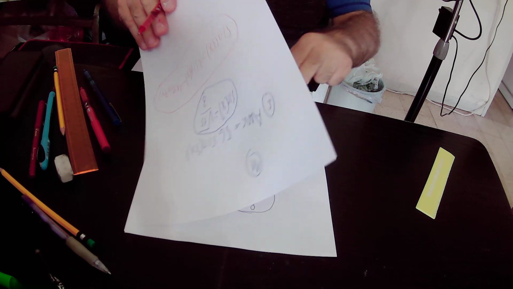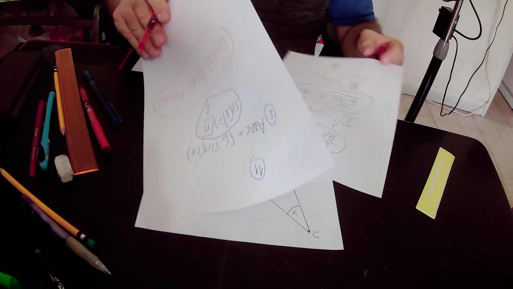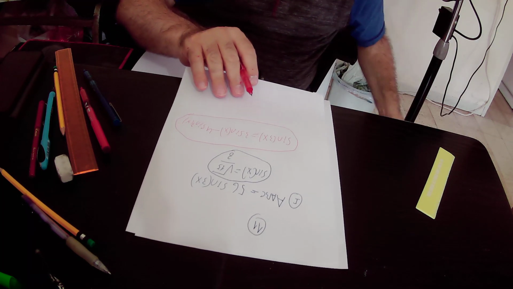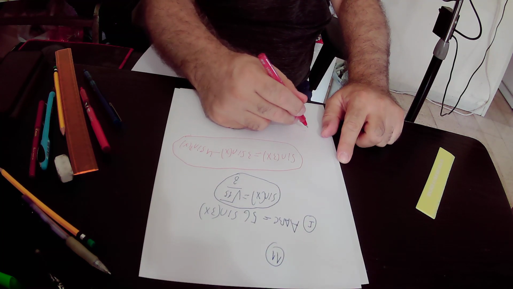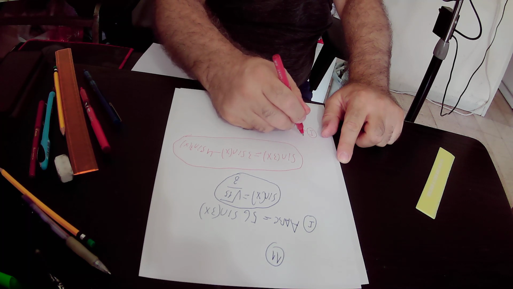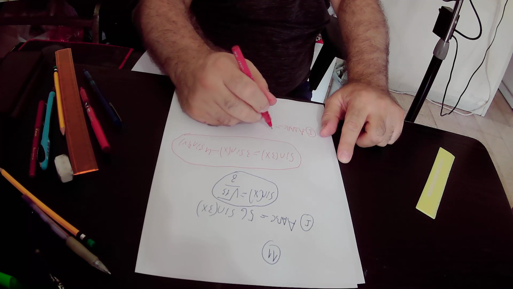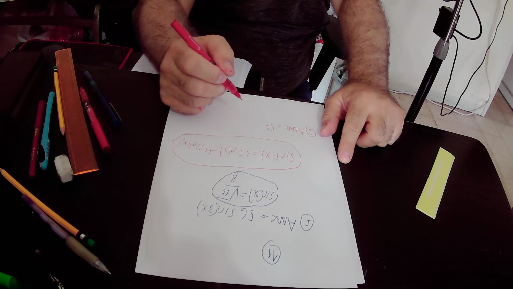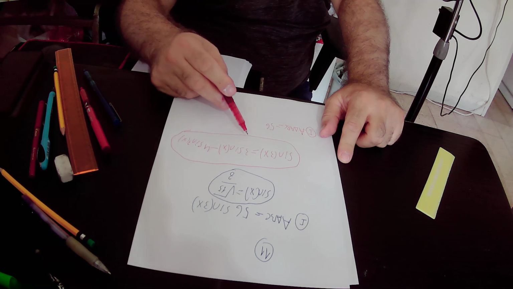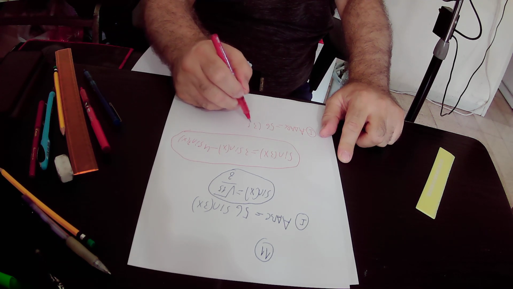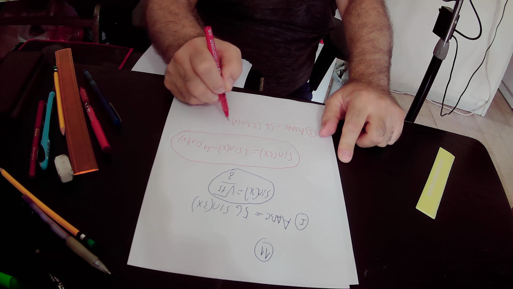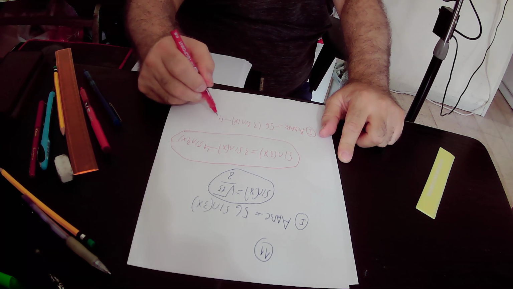Okay, and we will get that the area of triangle ABC equals 56, and sine 3x according to this trigonometric identity equals 3 sine x minus 4 sine cube x.